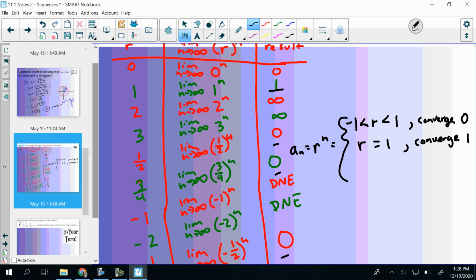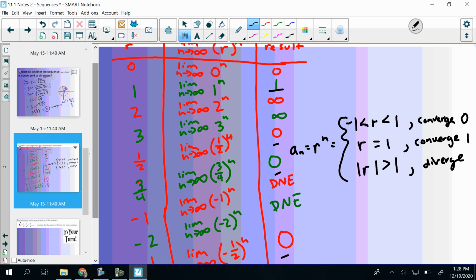So if r is either bigger than 1 or less than -1, another way you can write that is that the absolute value of r is greater than 1, whether r is negative or positive, then we get a divergent one.